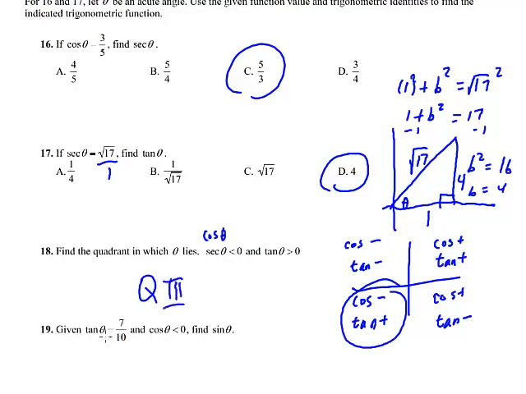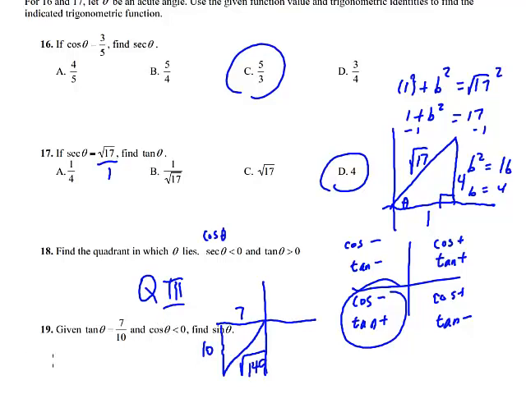Given that tangent is 7 over 10 and cosine is negative, find the sine. So doing the same thing, I want where tangent is positive and cosine is negative, so we're still in quadrant 3, right? So now I know that tangent is opposite over adjacent, and this will give me square root of 149, Pythagorean theorem.